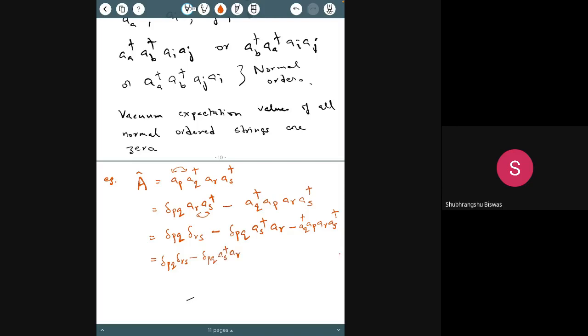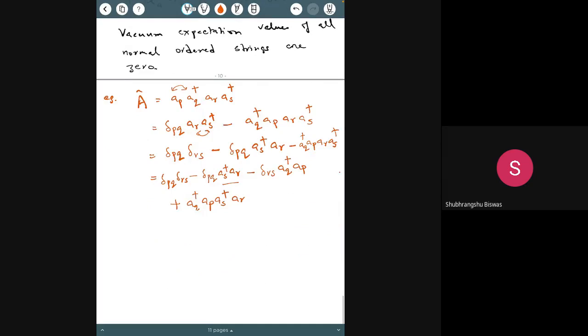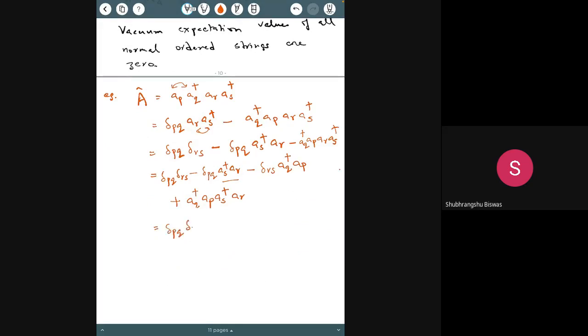So notice that a_s† a_r is already in normal order, so I have stopped tampering with it. Here I still need to get a_s† this side. So this is then delta_rs a_q† a_p plus a_q† a_p a_s† a_r. And delta_pq delta_rs minus delta_pq a_s† a_r.